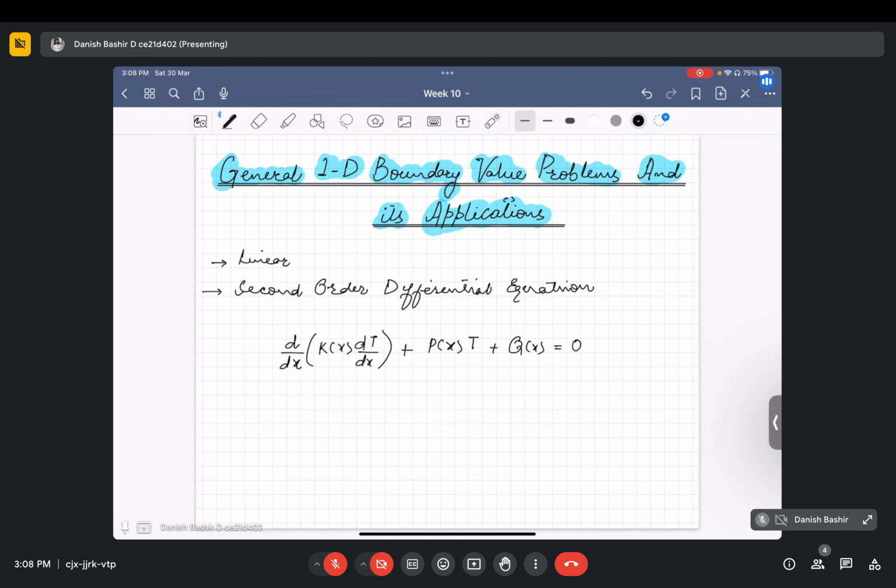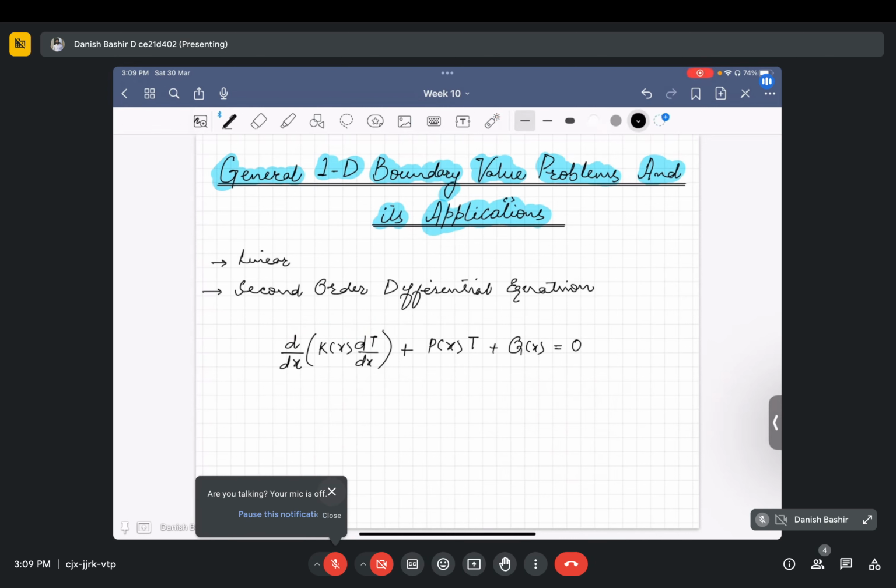You can easily see that this is linear in nature, because if the field variable is T, the field variable T and its derivative do not come in a product; we don't have T times dT by dx. That term is not present here, otherwise it would have been non-linear. It is second order because the second derivative, d2 by dx squared, is present.